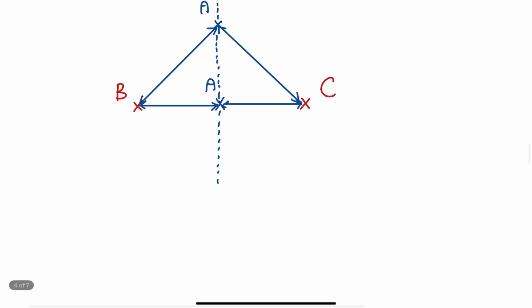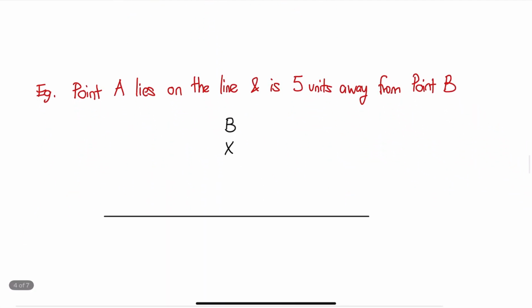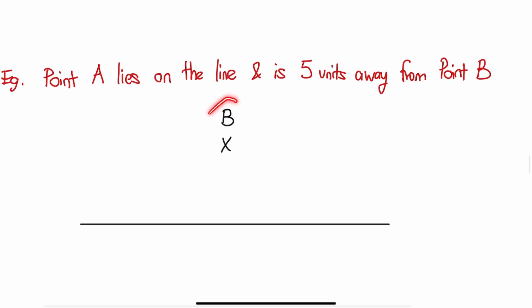Another simple example, let's say the question here says, point A lies on this line, and it is 5 units away from point B. Where do you think point A can be? 5 units away means that if I measure maybe 5 units away, if this length here is 5 units, this means that point A must lie over here.